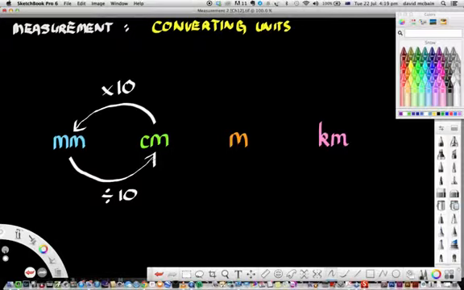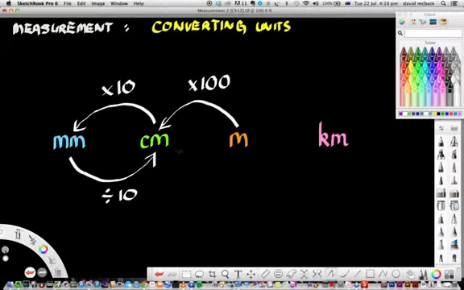So if I want to change 1 meter into centimeters, I'll times by 100. For example, 3 meters to centimeters: 3 times 100 equals 300 centimeters.